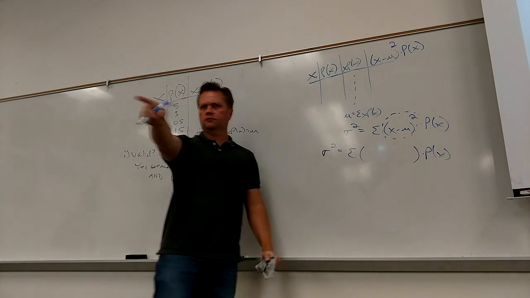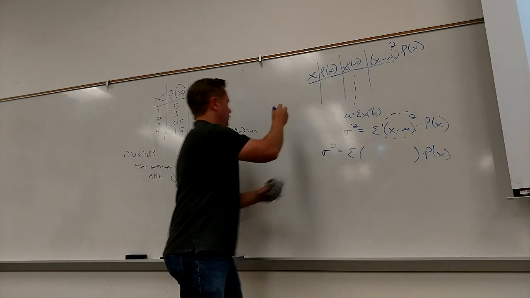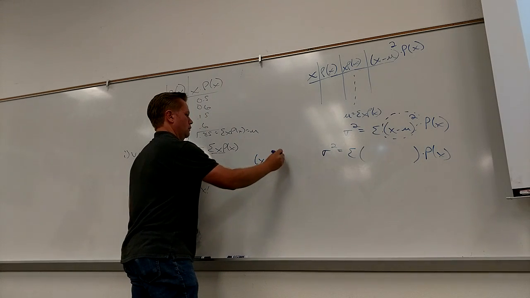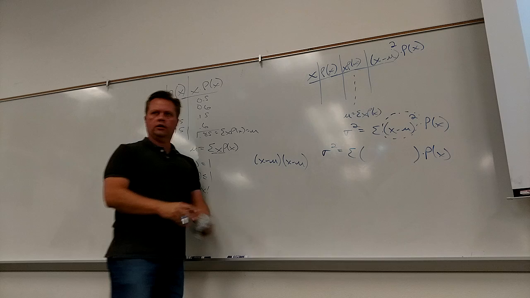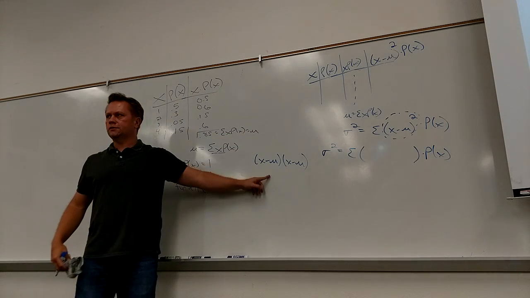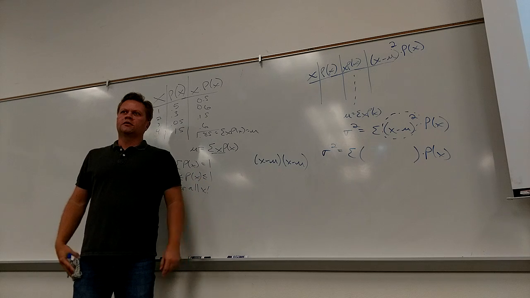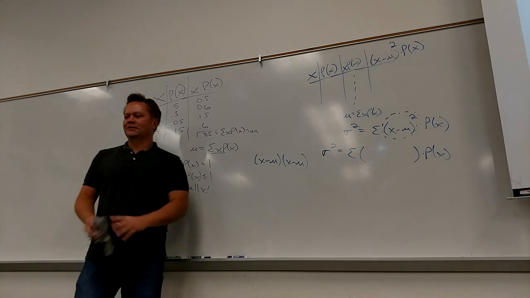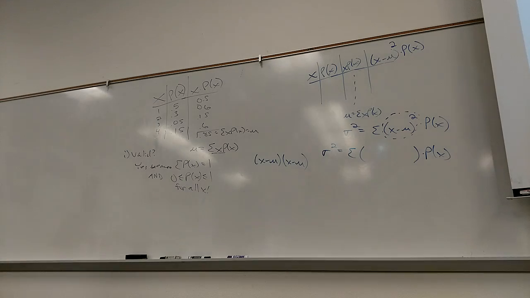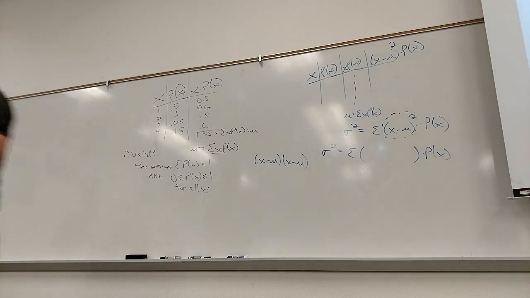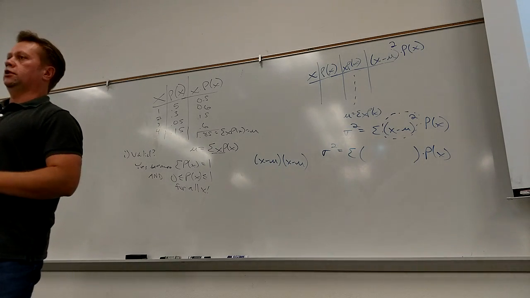FOIL it out. FOIL that piece. That's what x minus mu squared is.